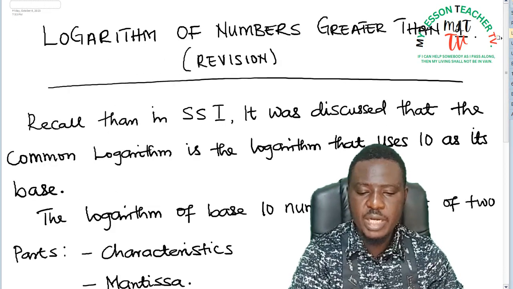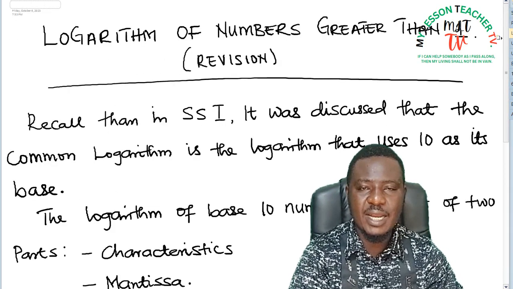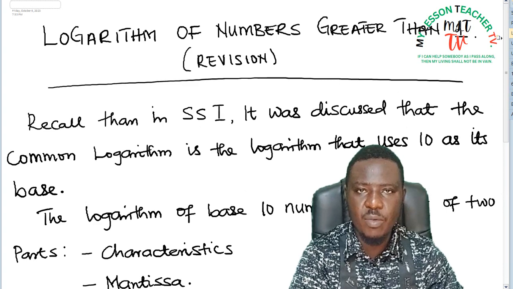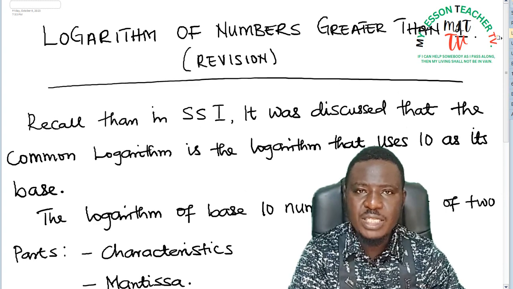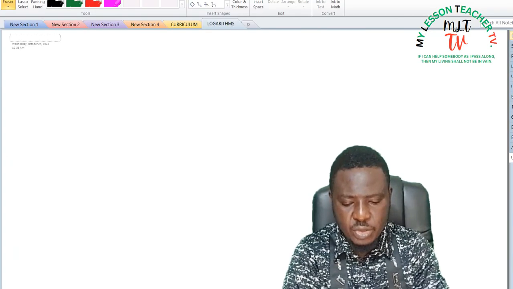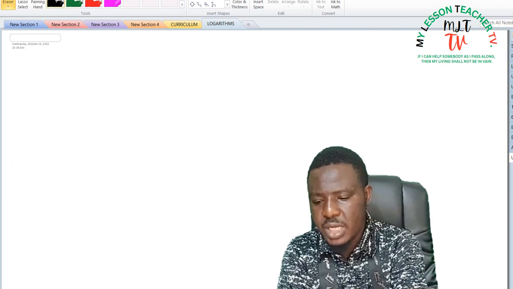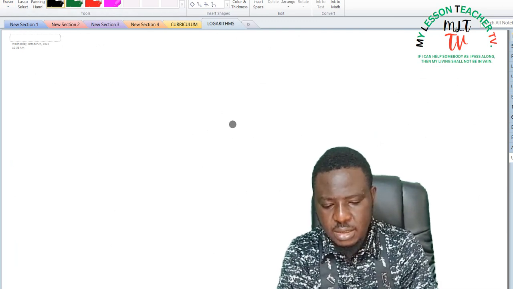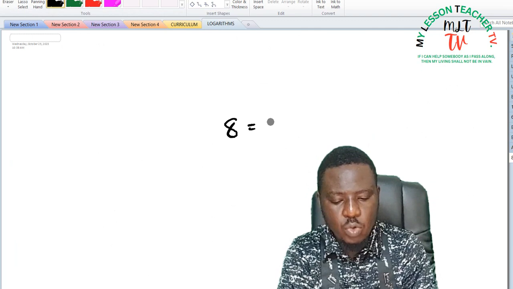Let's look at logarithms of numbers greater than 1, which is like a revision from our SS1 work. What do you understand by logarithm? In indices, we're told that 8 is equal to 2 raised to the power 3.